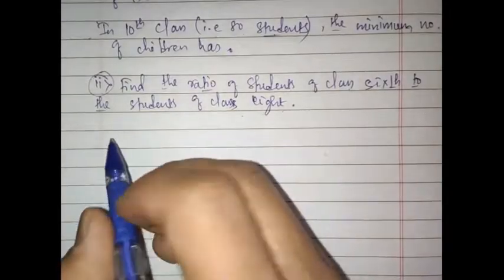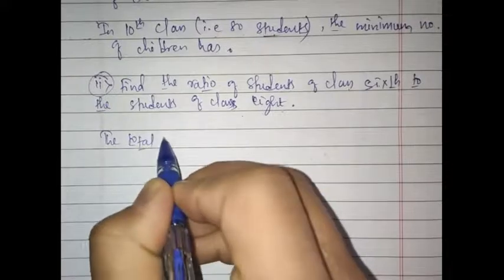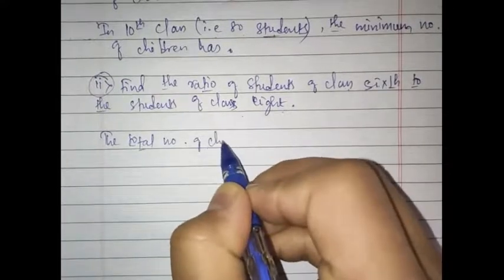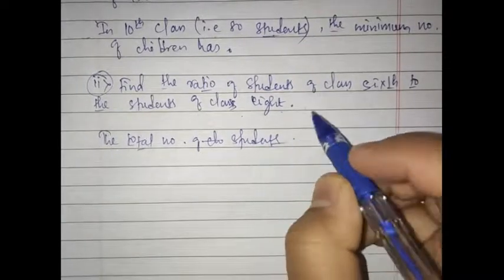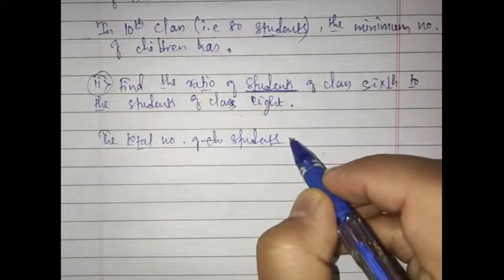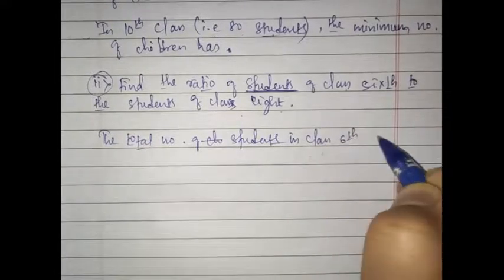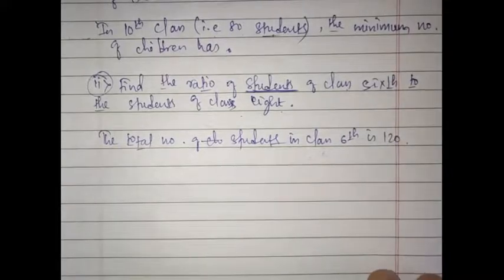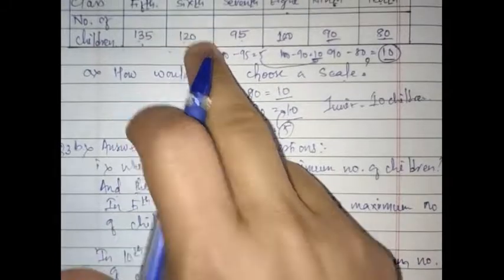It is very easy. First of all, you have to write the total number of students, it's better you write, because they have asked us to write the ratio of the students. So the total number of students in class 6th is 120, that we have already found, and it is given in the table also.